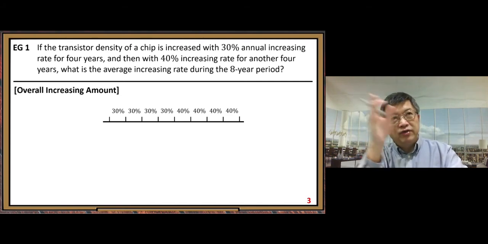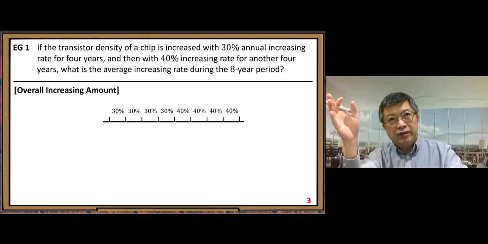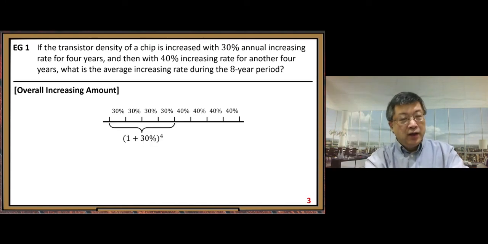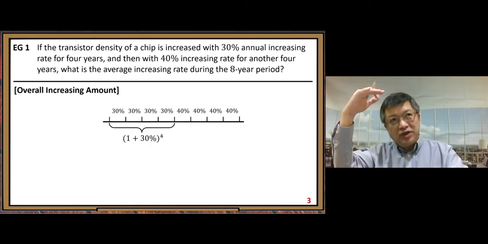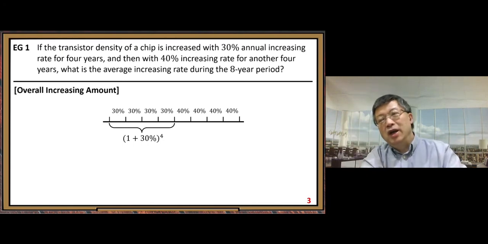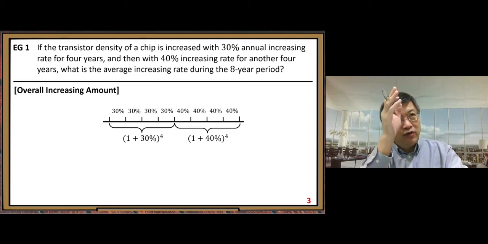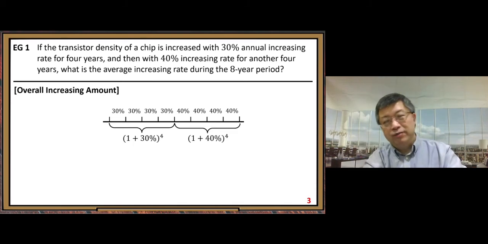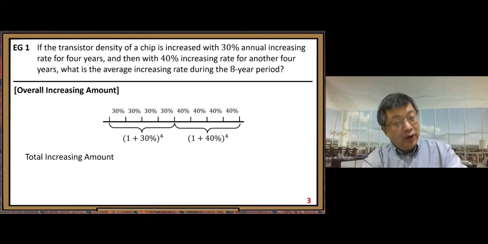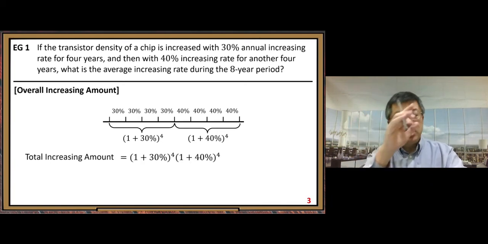The next 4 years have a 40% increasing rate each year. So we calculate the increasing amount using the composite formula: 1 plus 30% raised to the 4th power, next one, 1 plus 40% to the 4th power. Total increasing amount is multiplied together, so we get this amount.